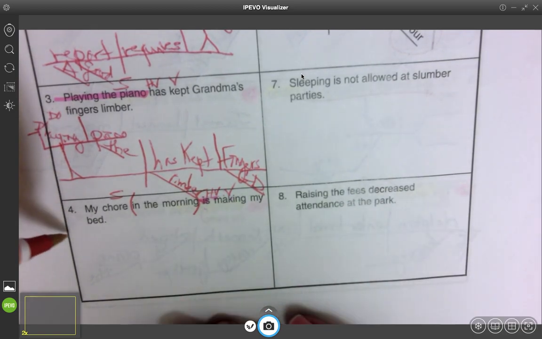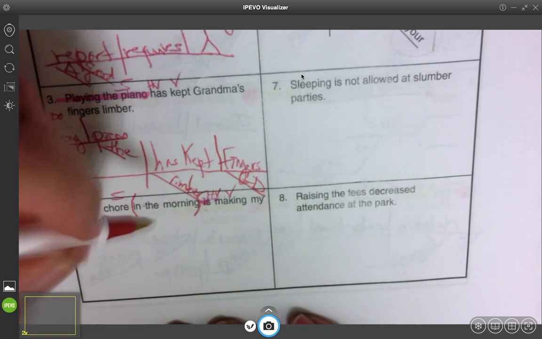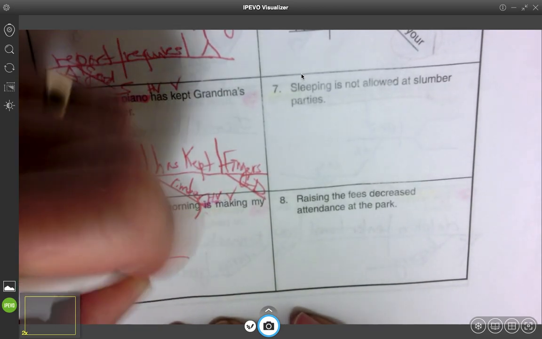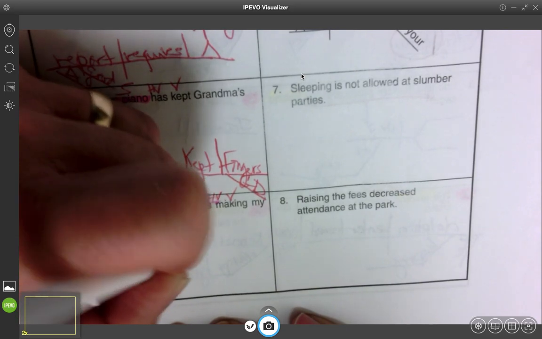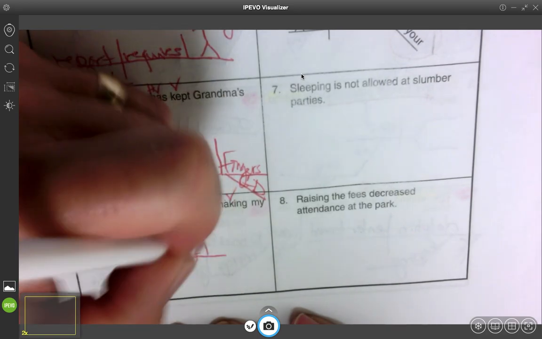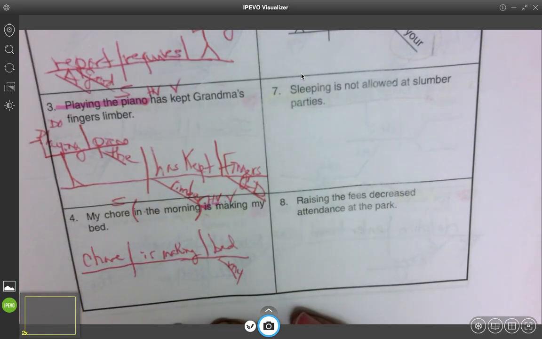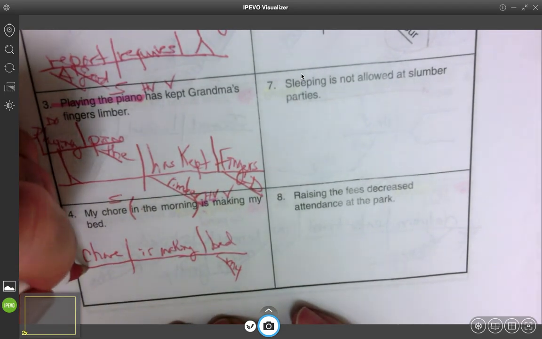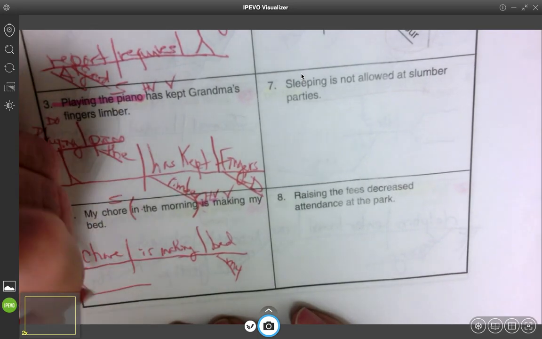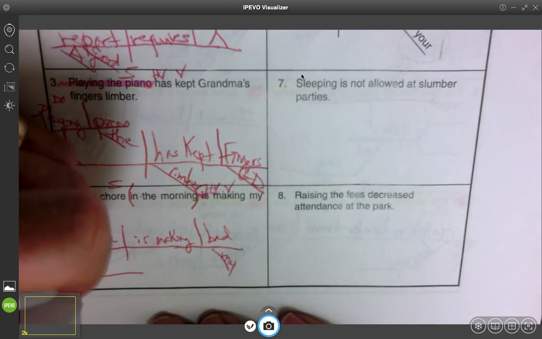So in this particular sentence, I notice that I have a prepositional phrase. A helping verb along with the participle verb is making what? Bed. My bed. My chore. Now, what about the word morning?